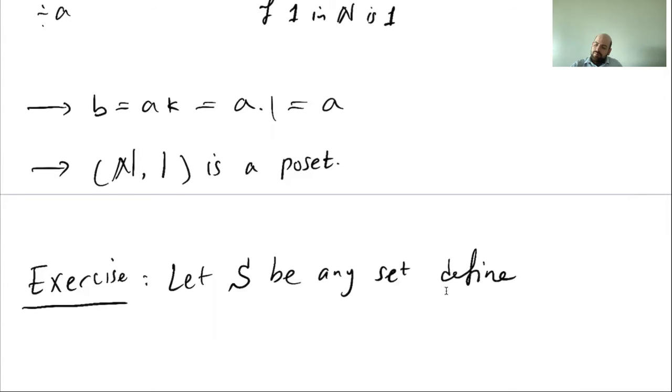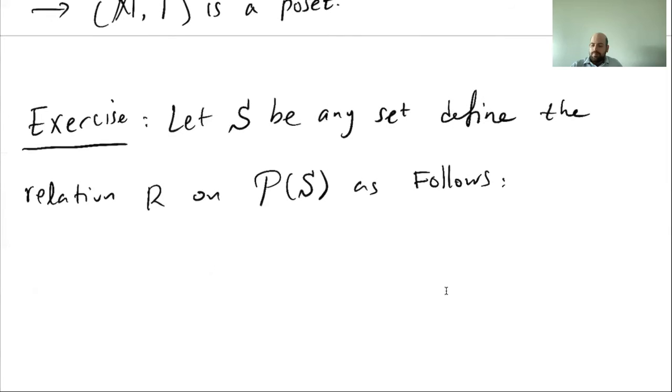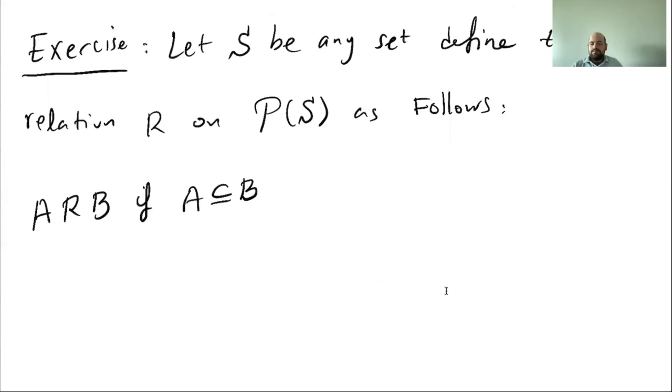Define the relation R on the power set of S as follows: A R B if A is a subset of B. Okay, so you fix a set S, and two subsets of that.